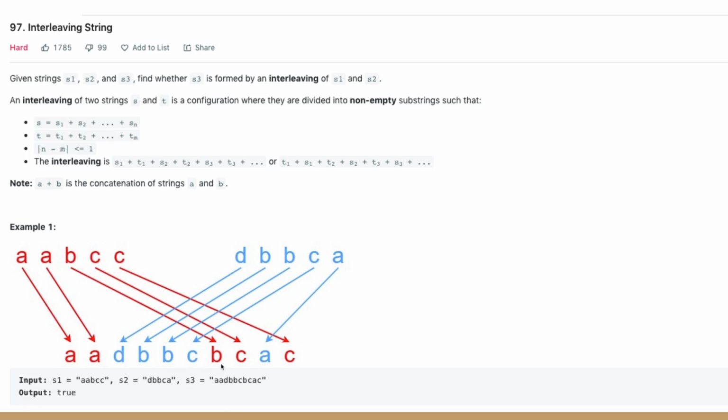By reading the question, we can realize that in this problem we will need 3 indices: index I, index J, and index K. Whenever this character matches one of the I and J, we can move forward.